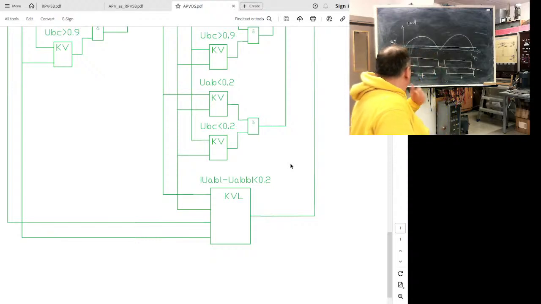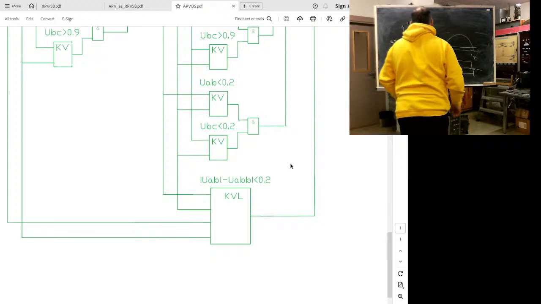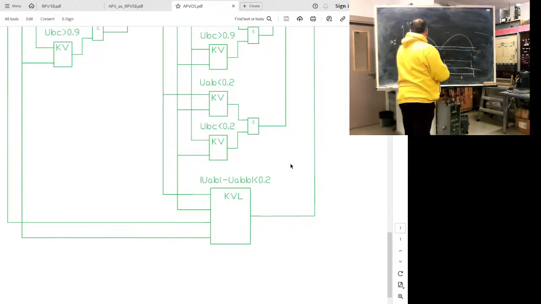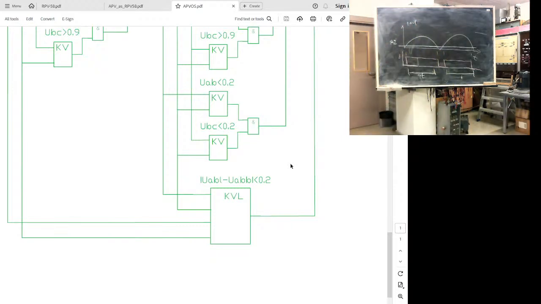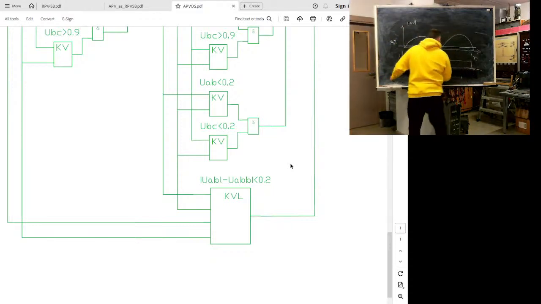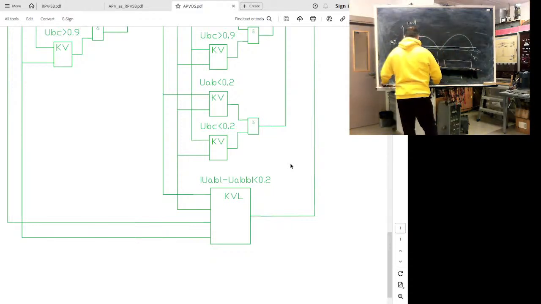As I drew it, 0.2, I made a tiny mistake. It will check. Oh, I just understood what I have: less than. You see, I have the less than. And this means that if less than, I will get inversion.